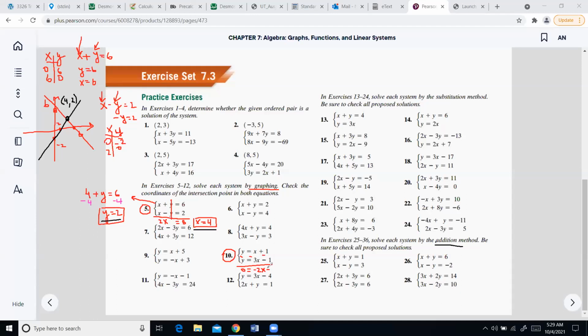So 1 and 1 will be equal to 2. So the idea of all these solutions is to eliminate, to cancel one of the variables. And I just canceled my y variable when I subtracted. So it is up to you to decide which method to use, whether you want to add or subtract, because the goal is to cancel those variables.